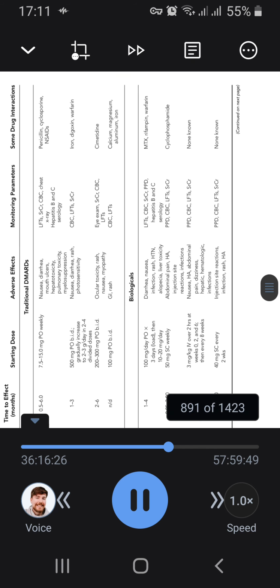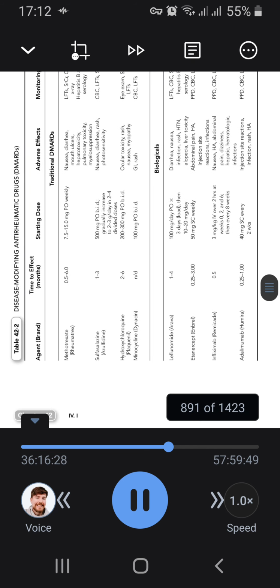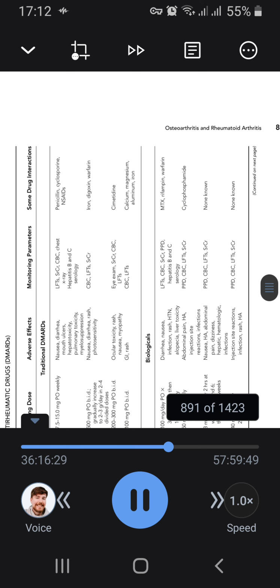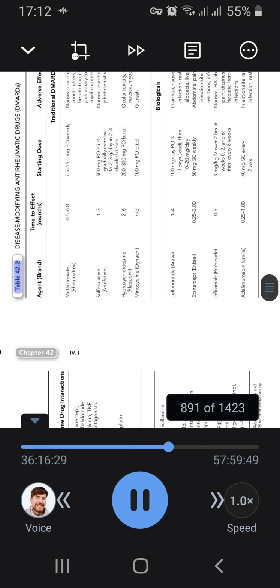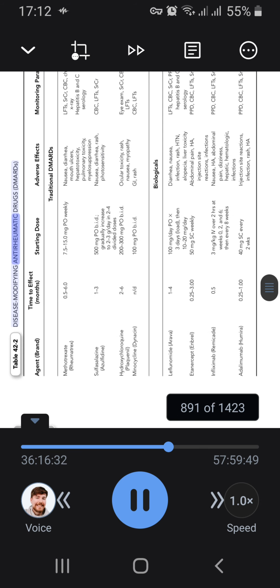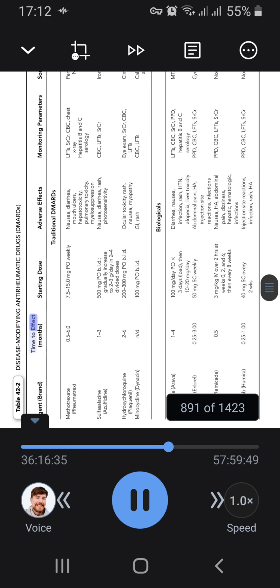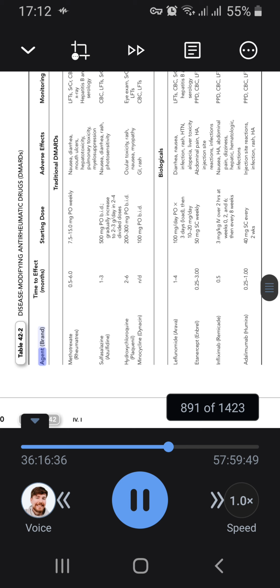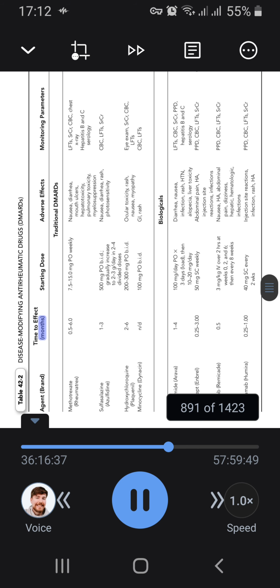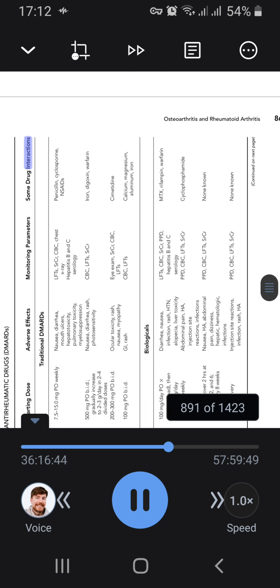Osteoarthritis and rheumatoid arthritis, 869. Table 40-2, disease-modifying anti-rheumatic drugs, DMARDs: time to effect, agent, brand, months, starting dose, adverse effects, monitoring parameters, some drug interactions.